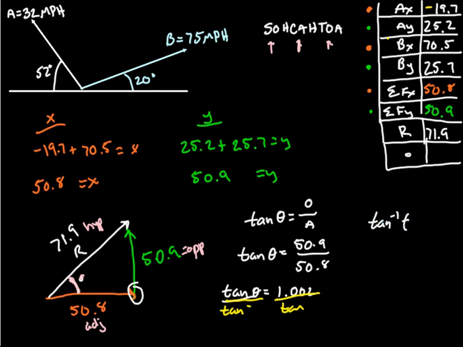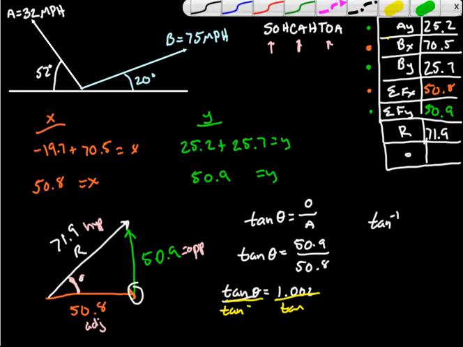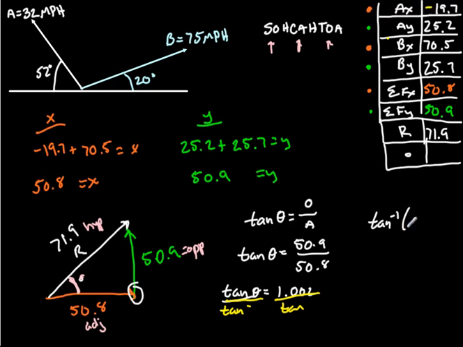Tangent to the negative one, and you're going to put in the parentheses on your calculator, which is good, because calculators save us time, that 1.002, and that's going to equal our angle.